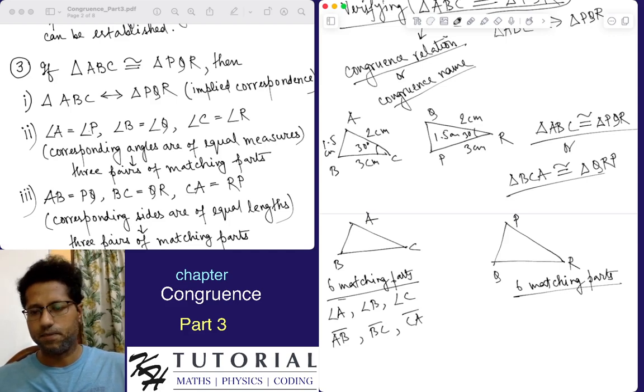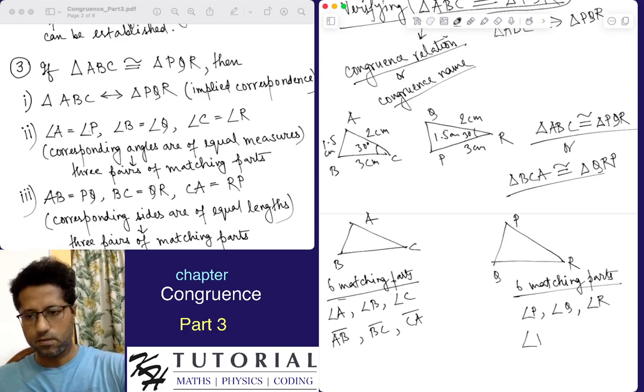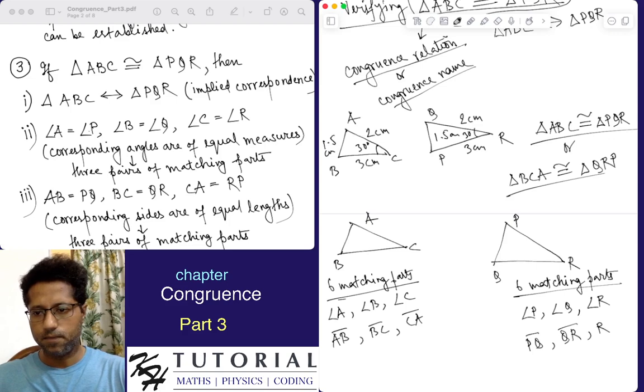For the triangle PQR, the 6 parts are the 3 angles, angle P, Q, R, the 3 matching parts actually, and also the sides PQ, QR and RP.